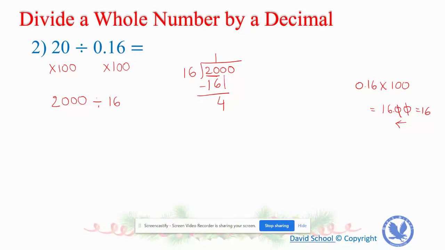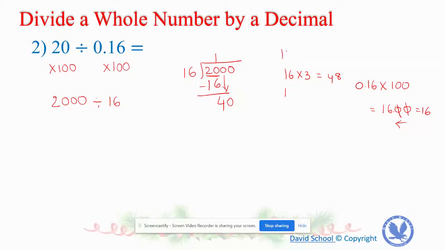The next number 0 comes down, right? How many whole groups of 16 can we pull out of 40? We'll try 16 times 3. 16 times 3 is 48.